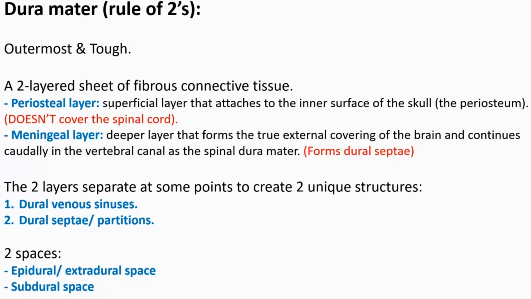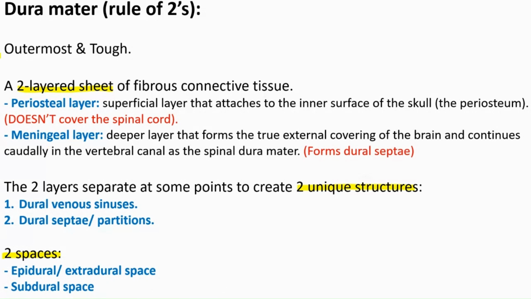Now this is a tough layer, and I remember the dura mater as a rule of twos. In this layer, we have two layered sheets, two unique structures, and two important spaces. So it's a rule of twos.